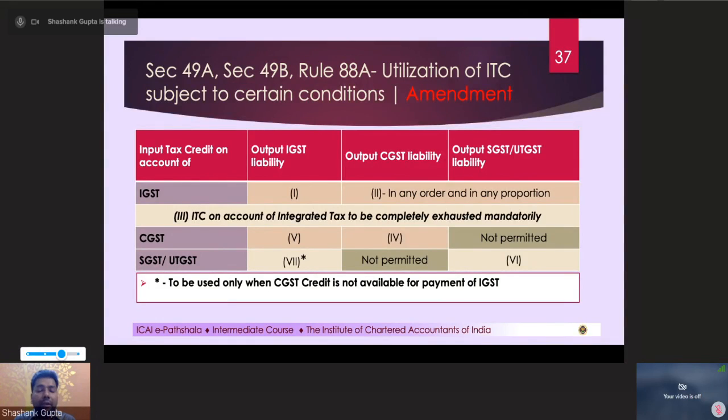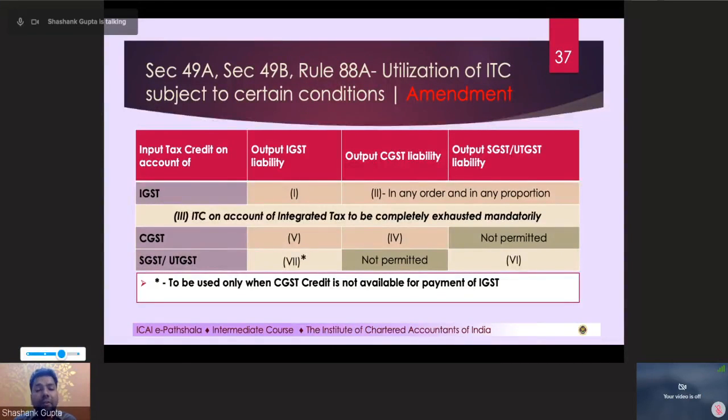That is a simple prudential approach. The government has kept it open for the taxpayer to opt in whichever manner he wants. He can utilize the credit of IGST to pay such tax. But before moving on to utilization of CGST, this IGST credit should come down to 0, or your liability should come down to 0, of course.